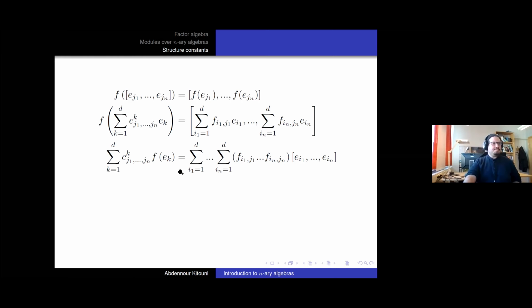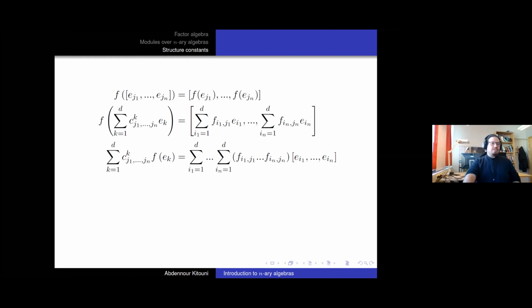And then using linearity in the case of F and multilinearity here, I take out all the sums and the scalars, get again F of one basis element so that I can apply this same here and bracket of basis elements here.